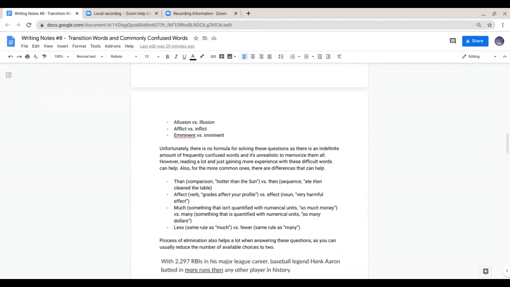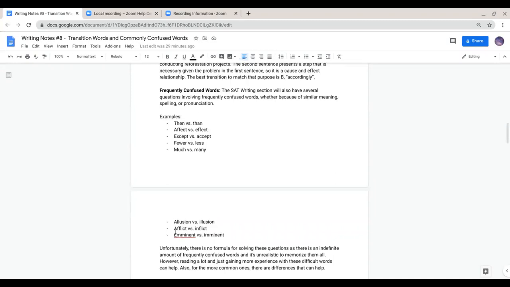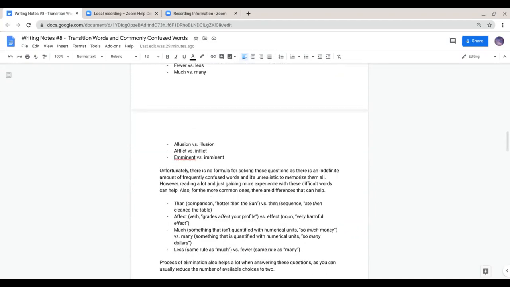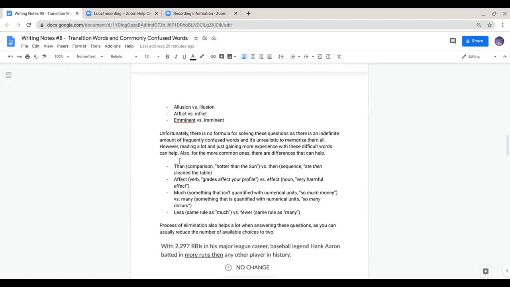There's no formula for solving these questions. You just have to understand the differences between each one. Definitely look at these main ones that I gave, but you should also take a bunch of practice tests and look for these problems because these can be tricky. For some of the common ones, here are some differences that can help you. Than versus then.